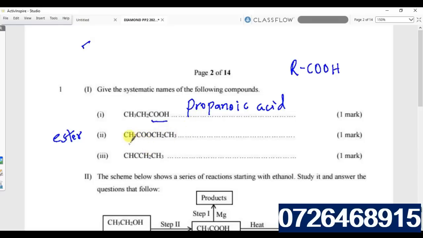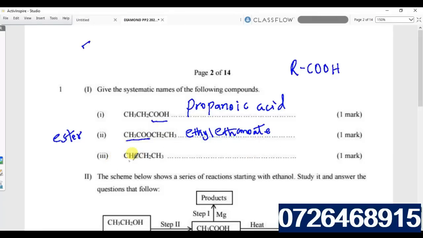So this compound is ethyl ethanoate. The alkyl part comes from the alcohol and the alkanoate part comes from the acid.